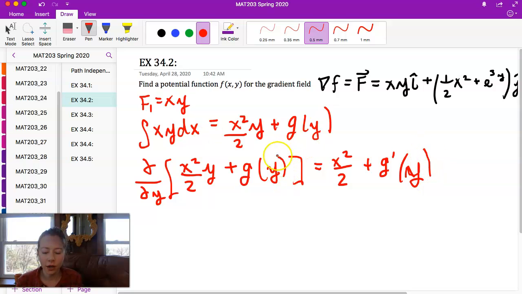All right, so then we want to set this equal to f2 and solve for g prime of y.